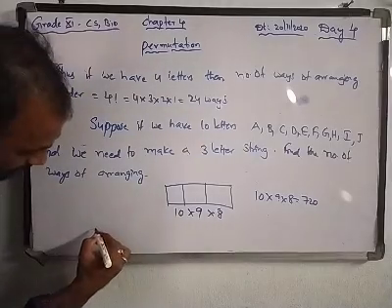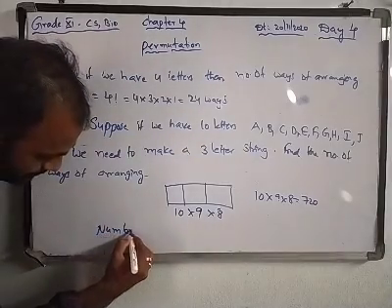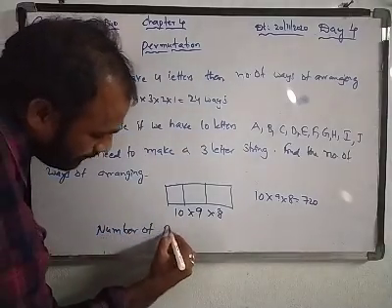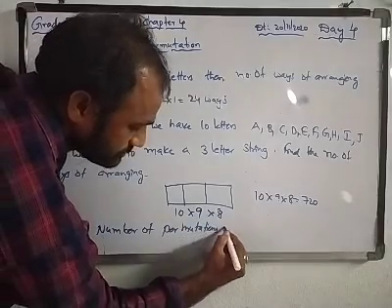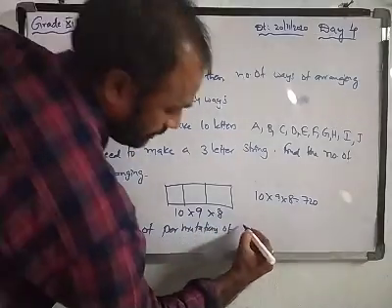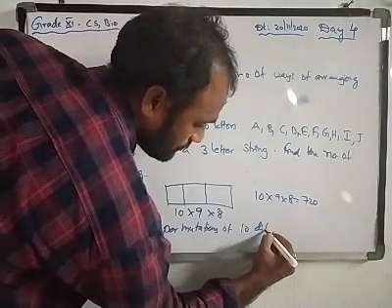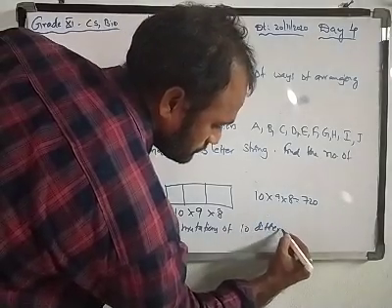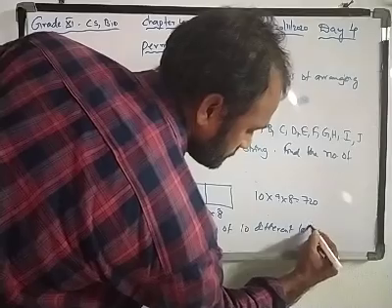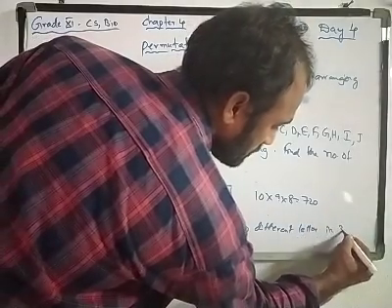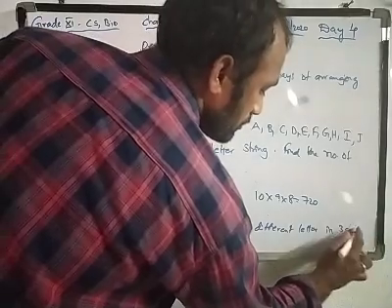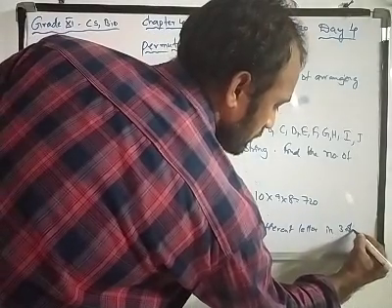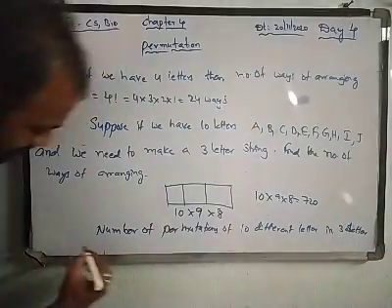So the question is the number of permutations of 10 different letters in a 3-letter string.